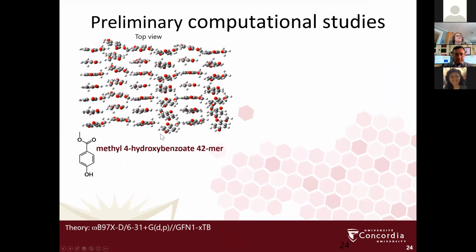where we have our methyl 4-hydroxybenzoate, 42 of them. This is a top-down view, and you can see that we are able to reproduce that pi stacking is driving the head group arrangement.